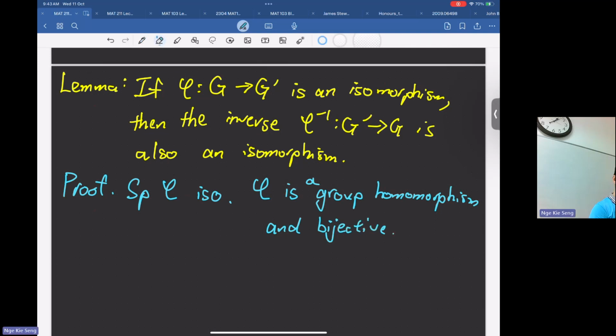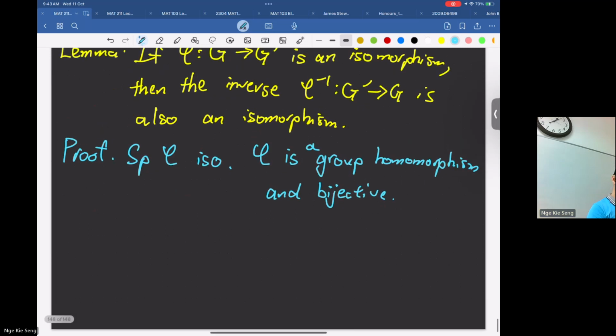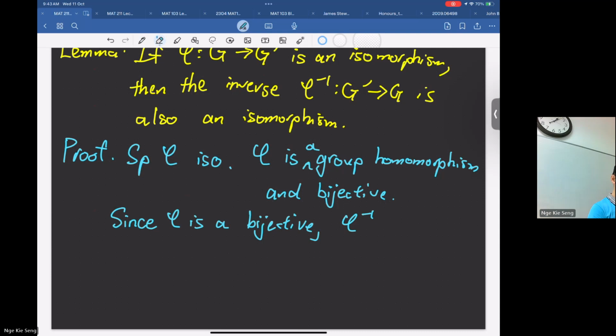Okay, so since it is bijective, what does it mean? Yes, since phi is bijective, phi inverse exists. But is phi inverse a group homomorphism or not?